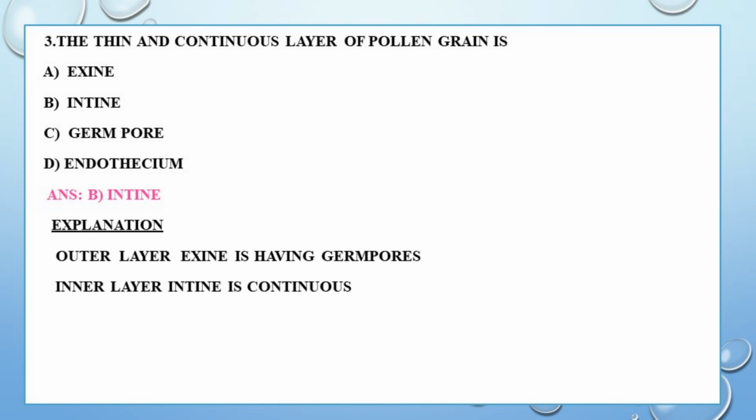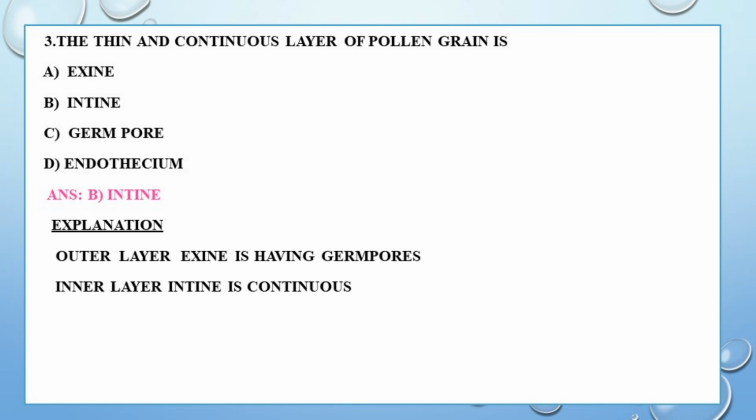Next question. The thin and continuous layer of pollen grain is: exine, intine, germ pore, endothecium. So here you have to recollect the structure of pollen grain. And you know the facts.